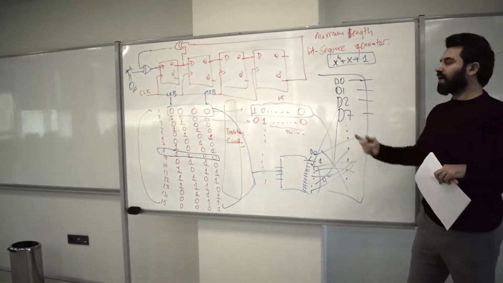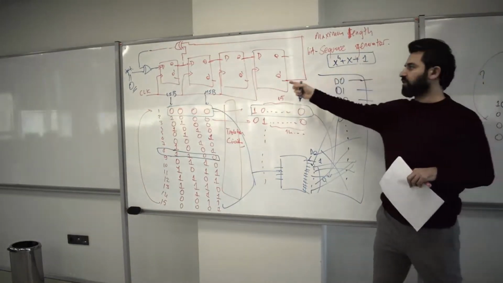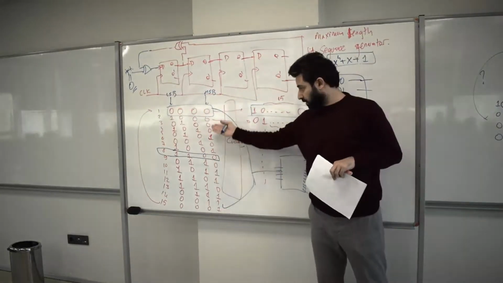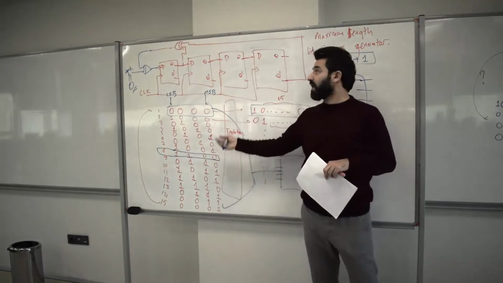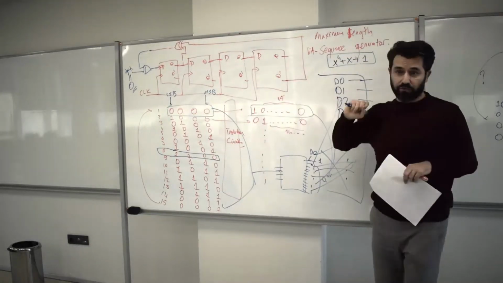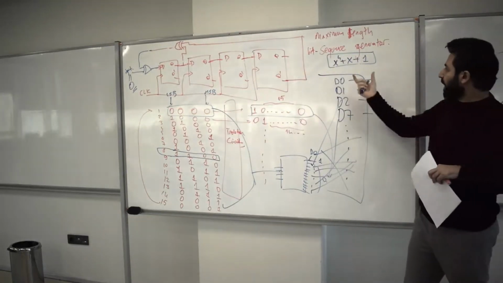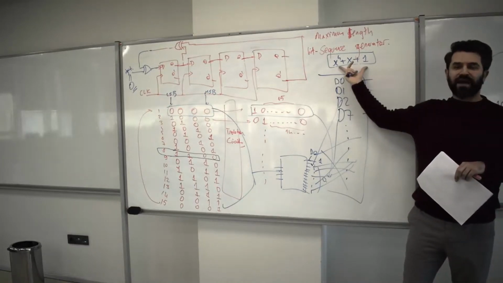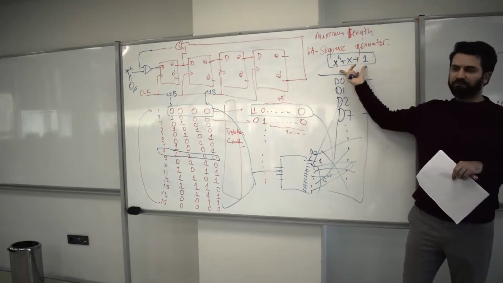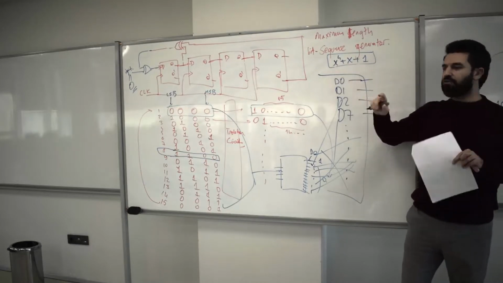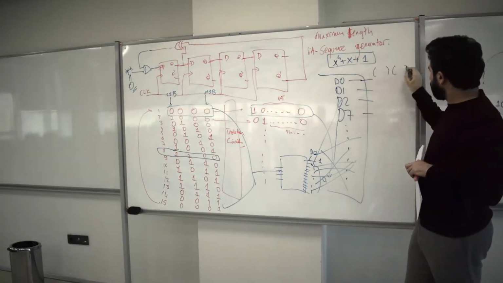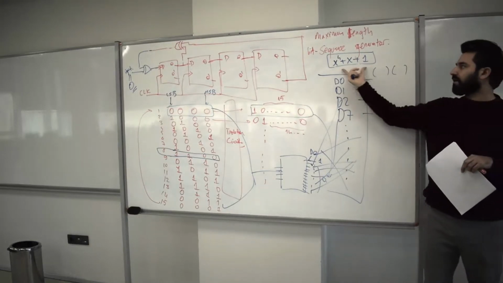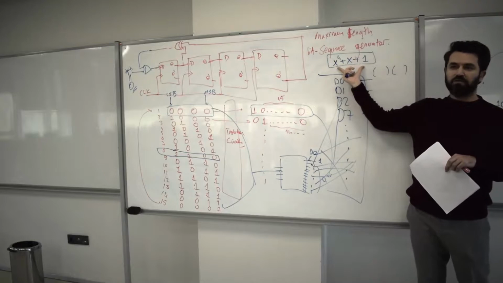So why did I use a polynomial representation for this? Because in order to generate unique sequences, 16 different possibilities, a maximum length bit sequence generator, you have to have a polynomial like this that cannot be factored. Factored meaning that you cannot write it as two polynomials multiplied with each other. That's the idea behind the maximum length bit sequence generator.